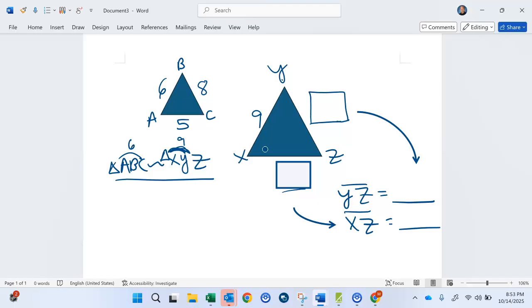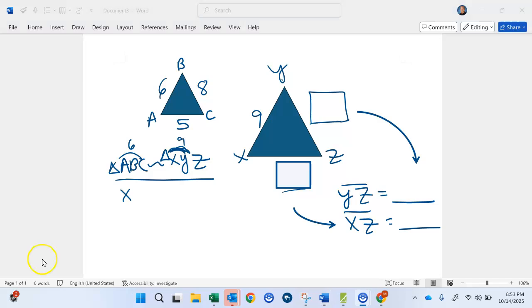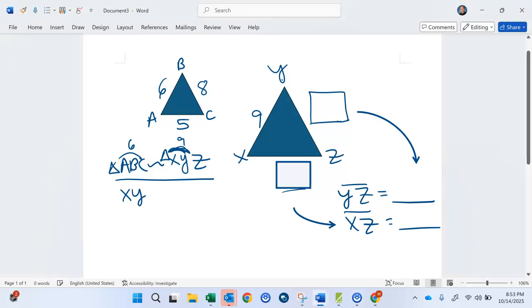So that tells us that side XY divided by AB is going to be equal to all the other sides. So this is 9 divided by 6. If you take your calculator, it's equal to the other sides.